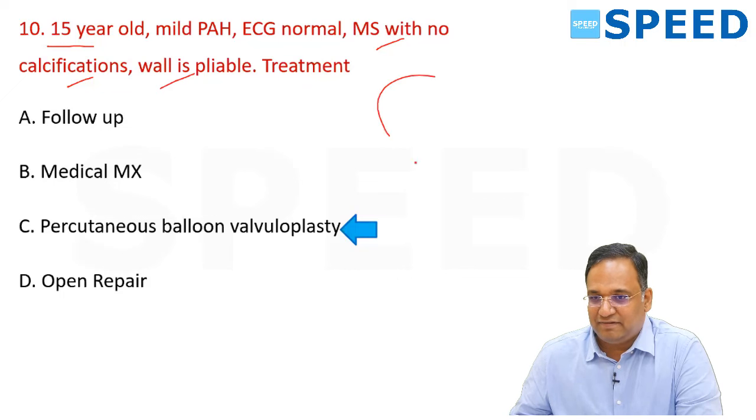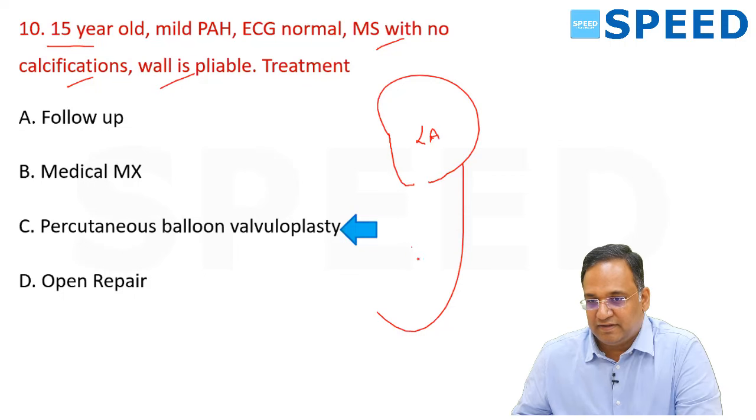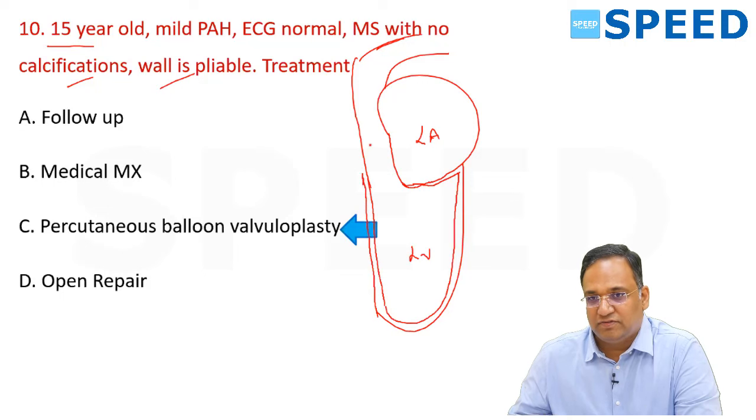So, LA, LV, this will be the aorta, and this is the valve. Suppose it is not tight MS. This is the chamber, this is the LV, and the interventricular septum gives rise to this aorta.